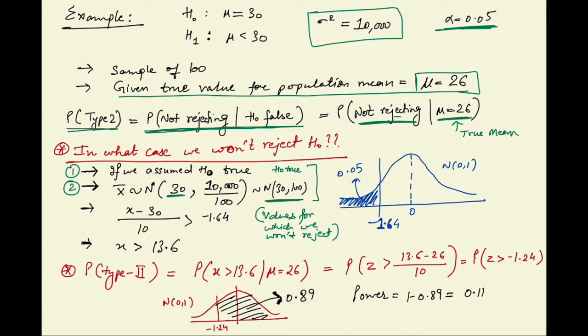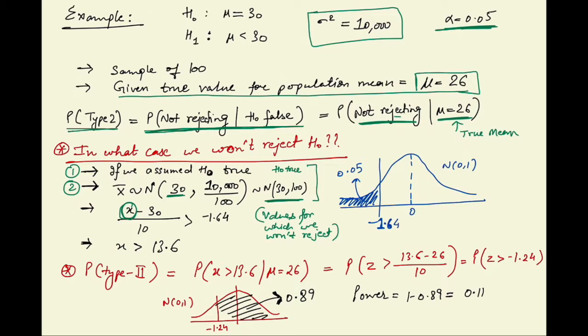So let's say we observed a value of x as our sample mean. In what case will we not reject it?